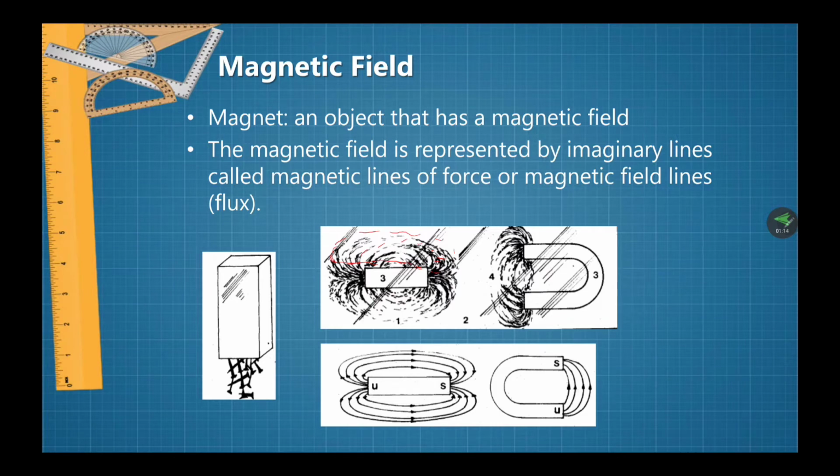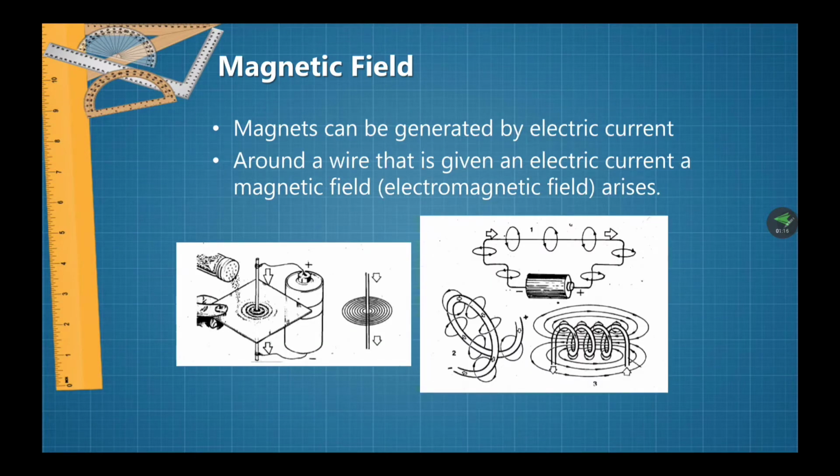And then magnets can be generated by electric current. Around a wire that is given an electric current, there is a magnetic field. It's called an electromagnetic field, or magnetic field.